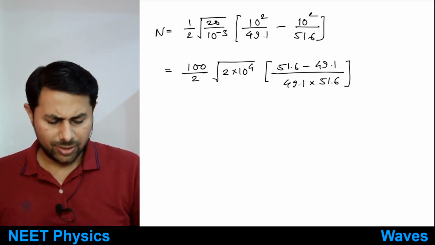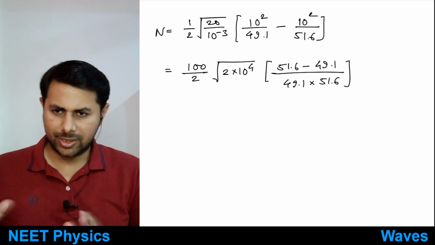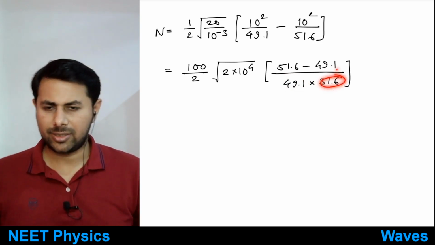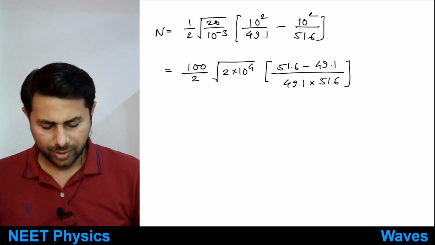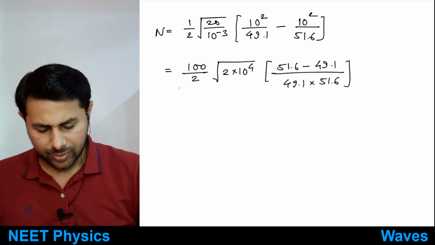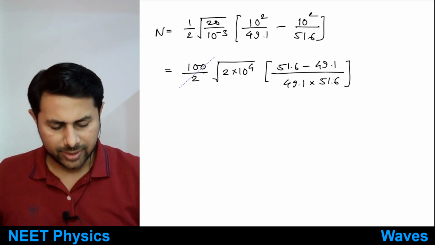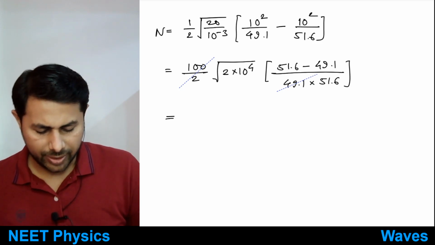This thing would be nearly equal to 50 times 50, because the first one is a little bit lesser than 50 and the next one is a little bit higher than 50. So roughly we can say it's 50 times 50. And this 100 by 2 is equal to 50. Let's cancel it with one of the 50s over here. Then what remains?